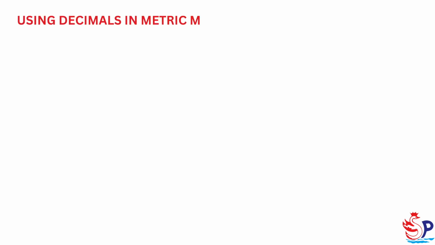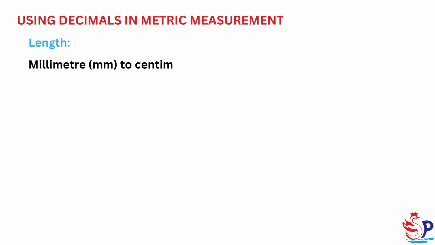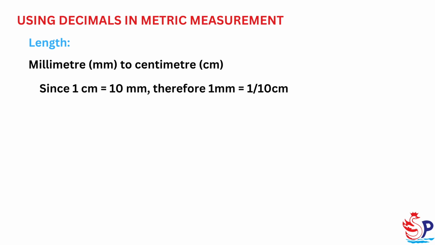Using decimals in metric measurement. Length, millimeter, mm, to centimeter, cm. Since 1 centimeter equals 10 millimeters, therefore 1 millimeter equals 1/10 of a centimeter. 1 millimeter equals 0.1 centimeters. A. 6 millimeters equals 6 divided by 10 centimeters equals 0.6 centimeters.